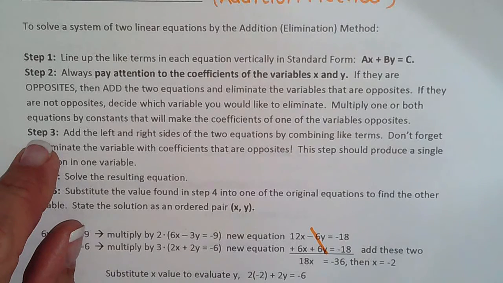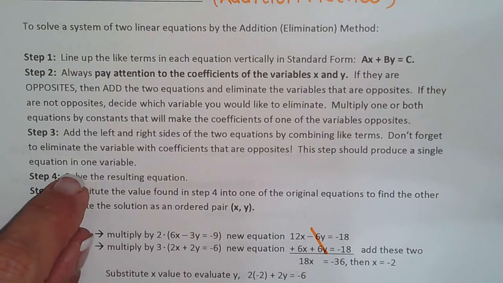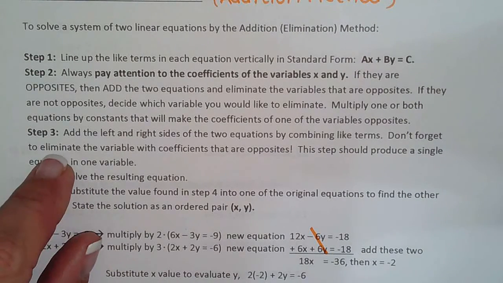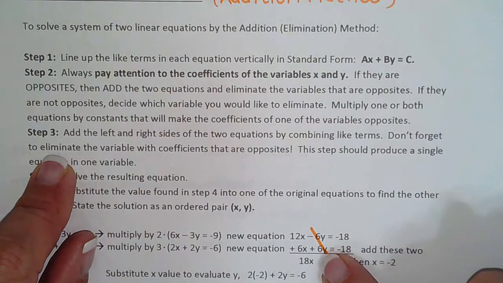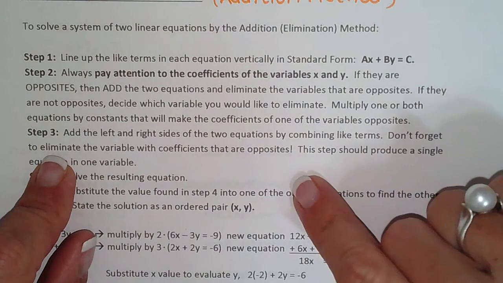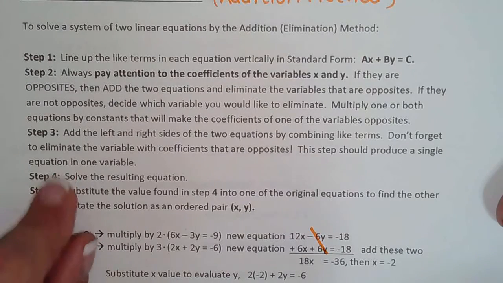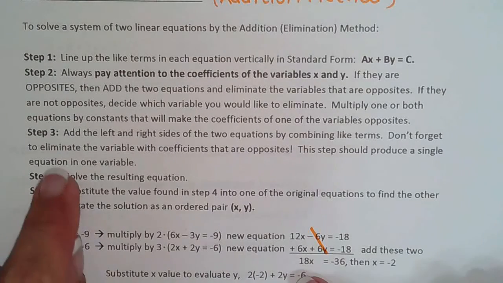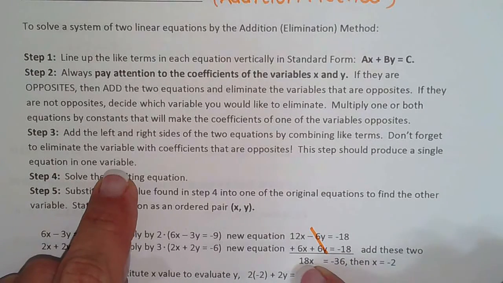Then we add the two equations together, combine the left sides, combine the right sides. Don't forget to eliminate the variables that are opposites. So don't write y here, don't write 0y, just eliminate them. And so then you produce an equation in one variable, which you can see right here.